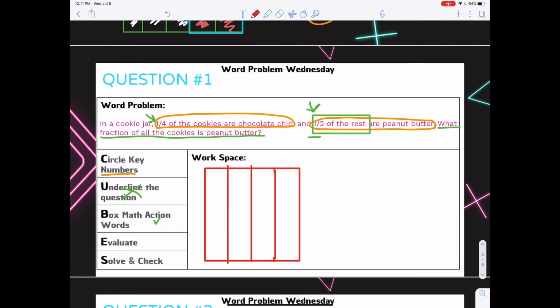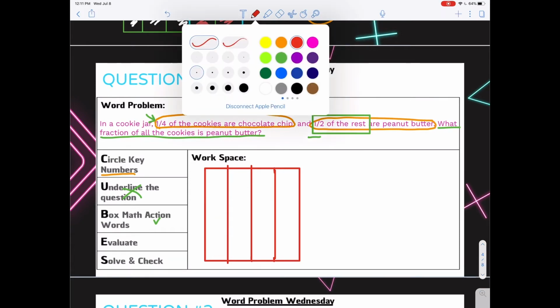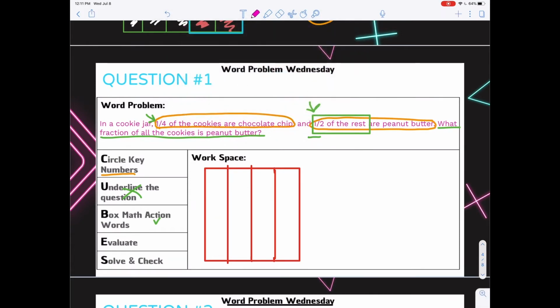Okay, so there it is in fourths. This section right here, I'm just going to write it down right there. This is chocolate chip.